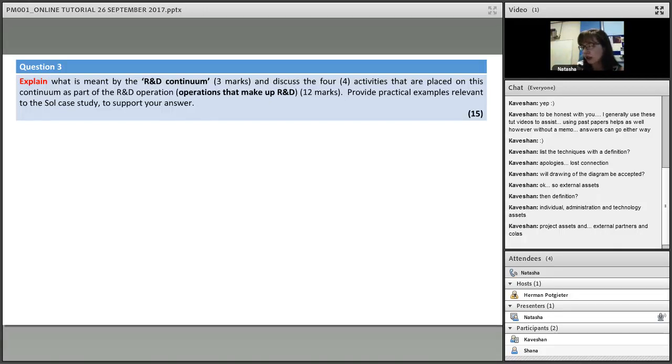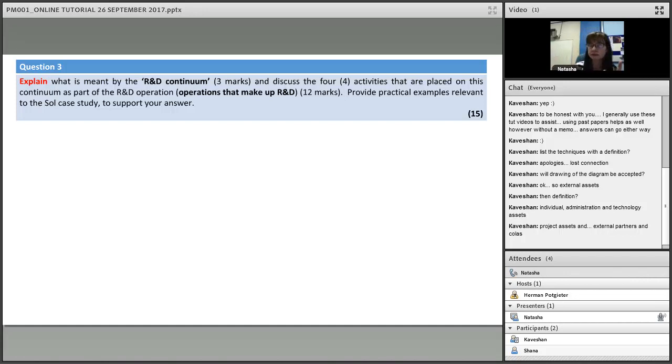So we need to see what you understand with regard to a particular aspect. What is this aspect? It says explain what is meant by the R&D continuum for 3 marks and discuss the 4 activities that are placed on this continuum as part of the R&D operation. So in other words, the operations that make up research and development for 12 marks.